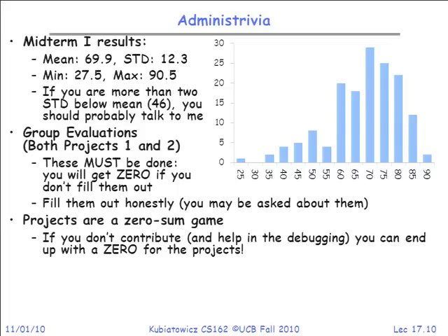Okay, and in some sense it's a zero-sum game, meaning that the others will get more points and a group member who's not participating will get less in unfortunate circumstances. So I wanted to point that out in case there were those of you who thought that they could not participate or not help debug or something like that and get all the points. Okay?